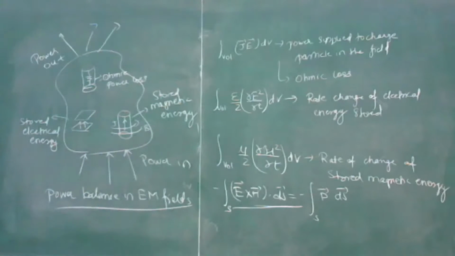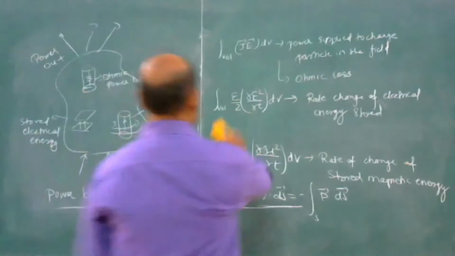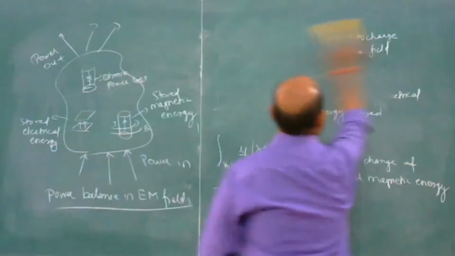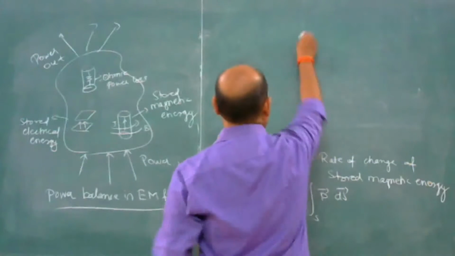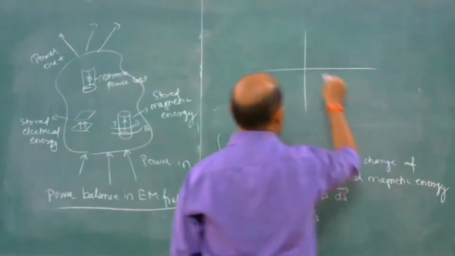The stored magnetic energy we can show by the B-H curve.